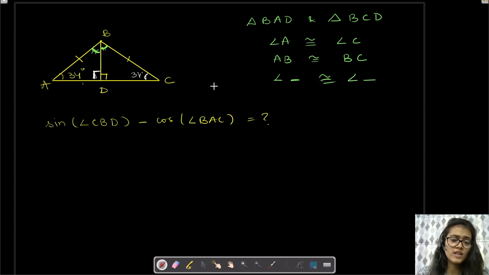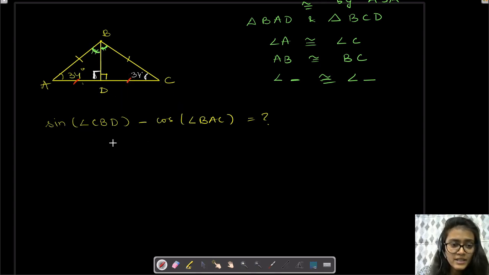So these two triangles are congruent. They are actually congruent by angle side angle congruence theorem. So if they are congruent, then all the congruent parts of these two triangles will also be congruent. So we can say that AD will be congruent to DC.